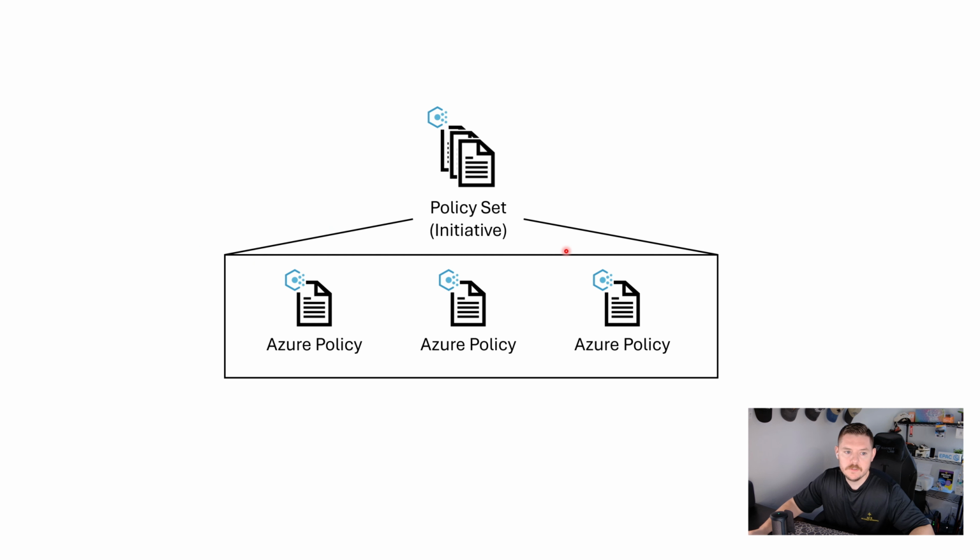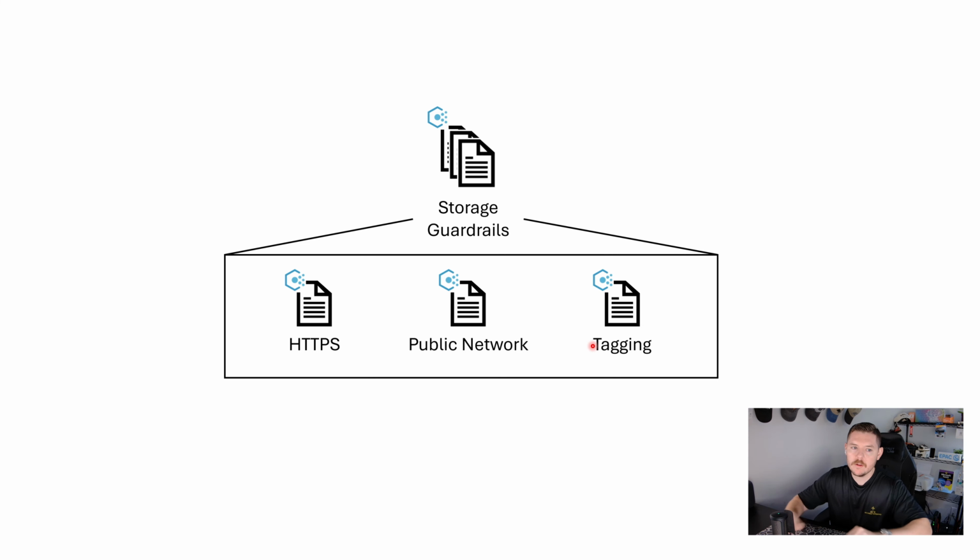These initiatives are groupings of policy definitions, and they're typically to meet a certain goal or certain topic. As an example, maybe you might have a storage guardrails policy set, where you might have a policy definition for HTTPS configurations, public network configurations, and tagging configurations in 3 separate policy definitions, but you group them together in what's known as a policy set or policy initiative.